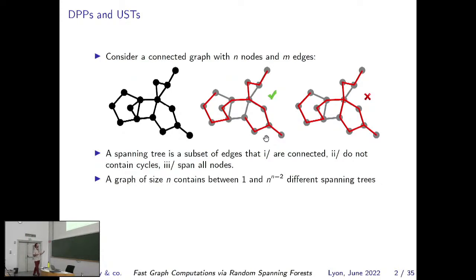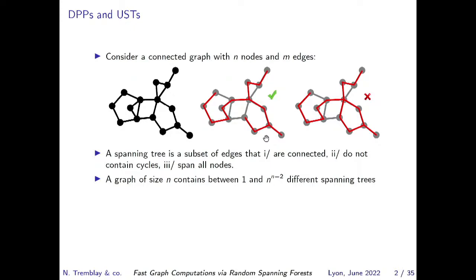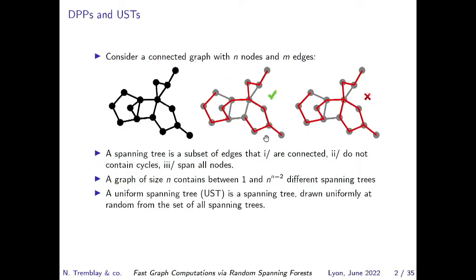There are many spanning trees in general in a graph. The worst case is one: in a linear graph, there's only one spanning tree. And the case where there are the most spanning trees is the fully connected graph, where there are n to the power n different spanning trees.